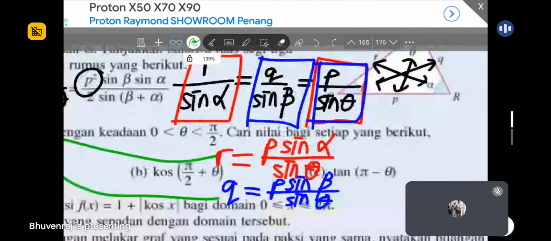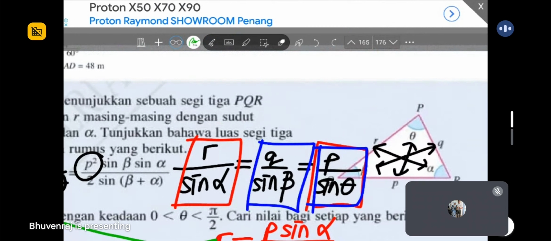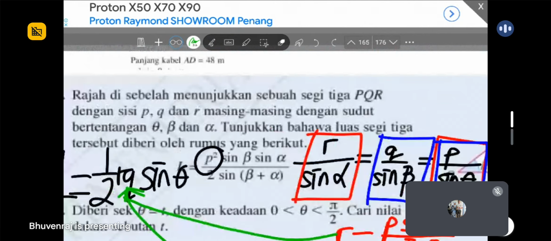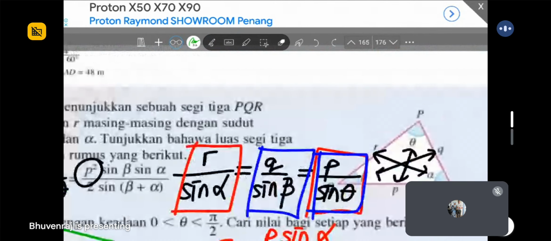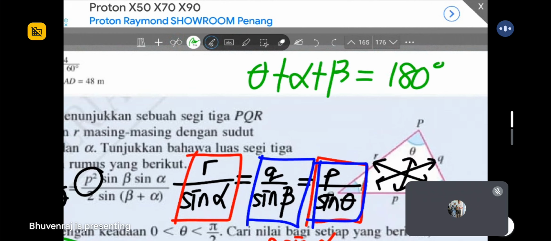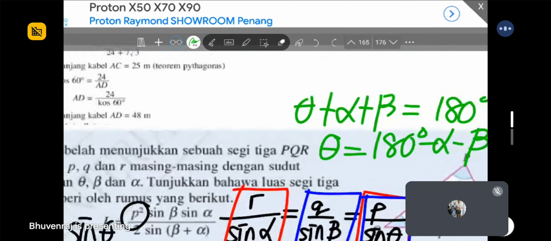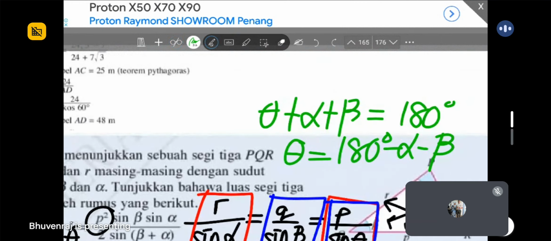So guys, this sine theta, you must be careful. If you see your theta, theta is actually equal to what? Theta ni sama dengan apa sebenarnya? You guys know that theta plus alpha plus beta equal to 180 degrees, right? 180 darjah. So theta, you can say it as 180 minus alpha minus beta. All the angles here we are dealing with are actually less than 180 degrees individually.